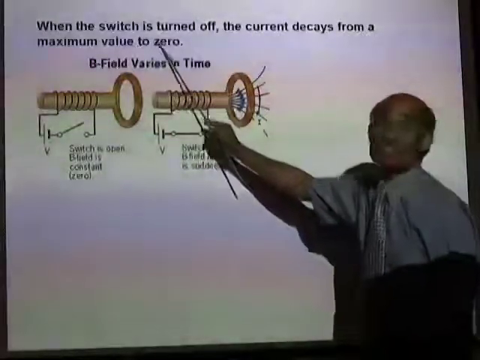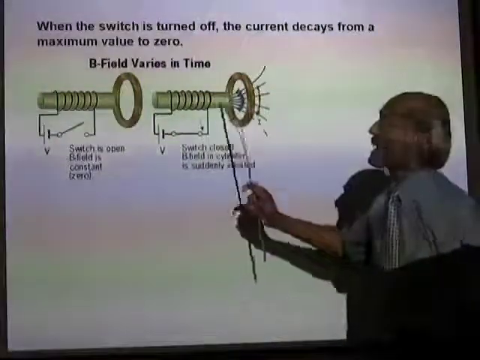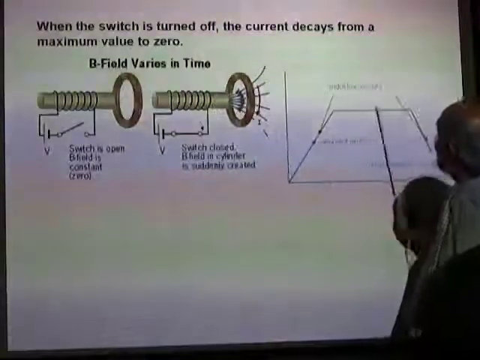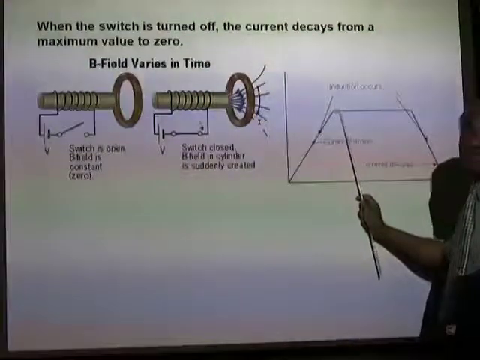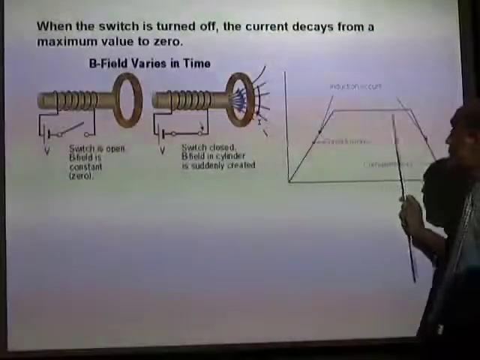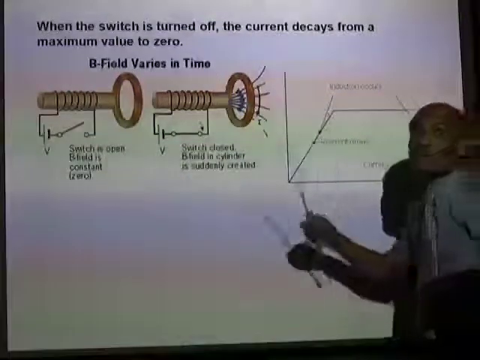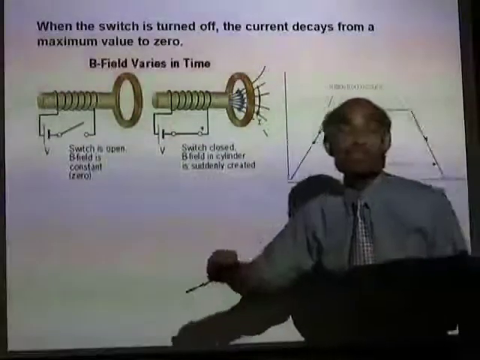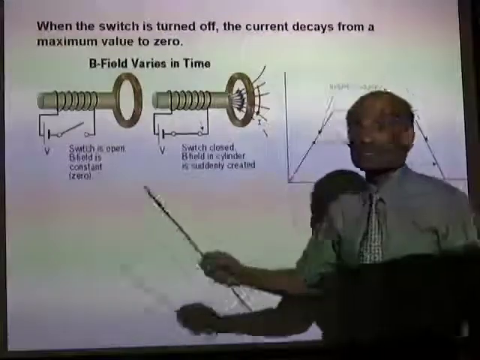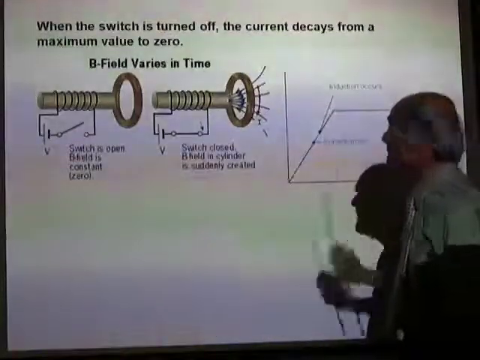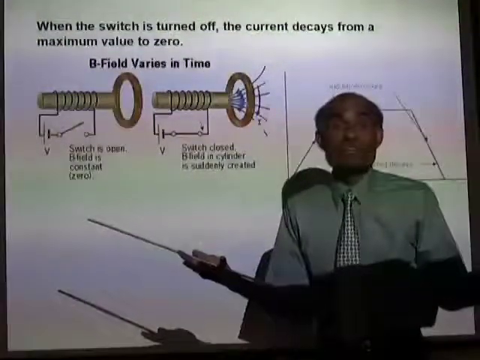Same way, when the switch is turned off, the current decays. Look at this, during the time the current remains stationary, there is a magnetic flux, but there is no change in magnetic flux. So if the current remains stationary, there will be no induced EMF.